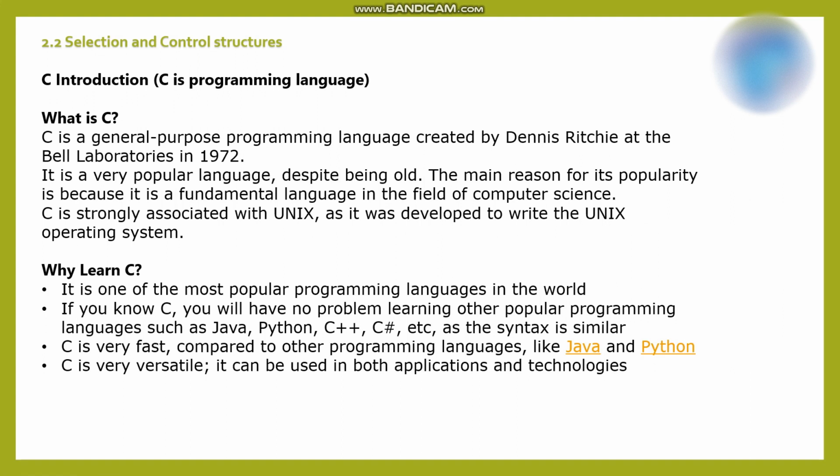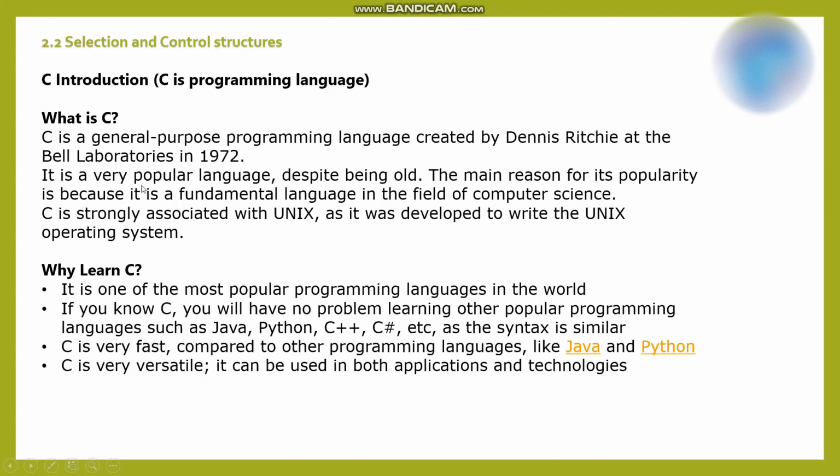So before we start with the C programming language, I would like to discuss some theoretical part related to your C programming language. You can see what is C. C is a general purpose programming language created by Dennis Ritchie at the Bell Laboratory in 1972.